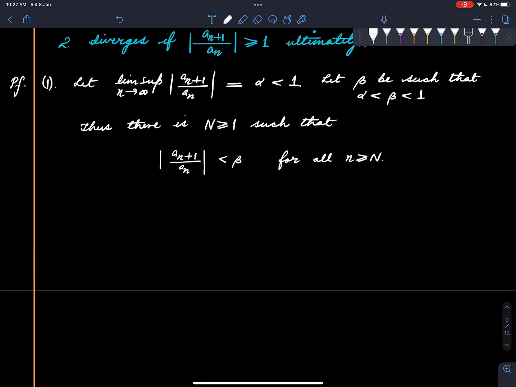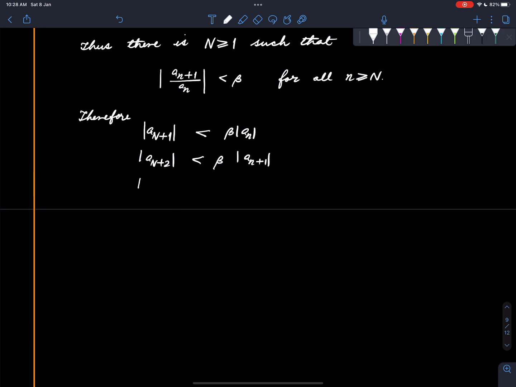So therefore, if we substitute little n equals capital N in the above, we see that |a_{N+1}| is less than beta |a_N|, and |a_{N+2}| is less than beta |a_{N+1}|, and so on.